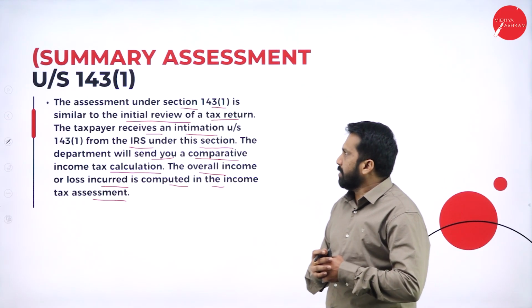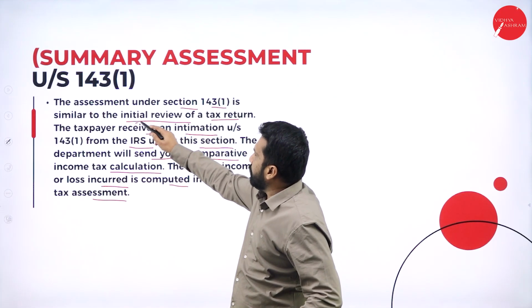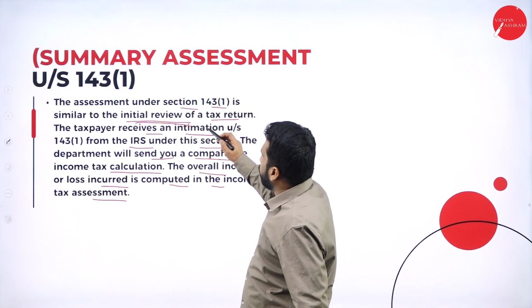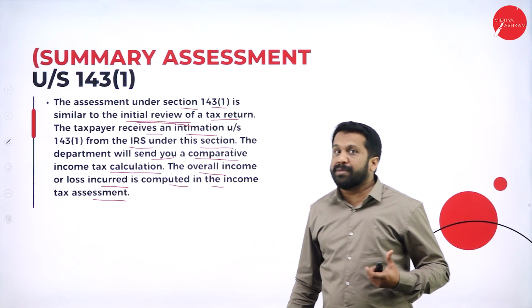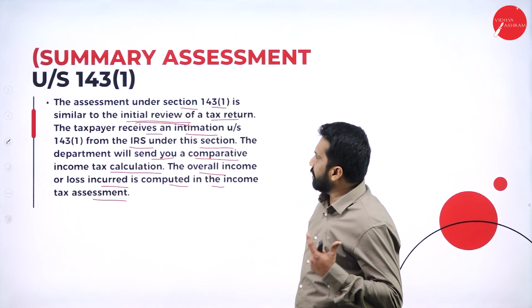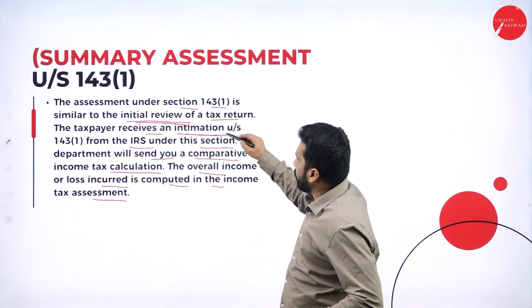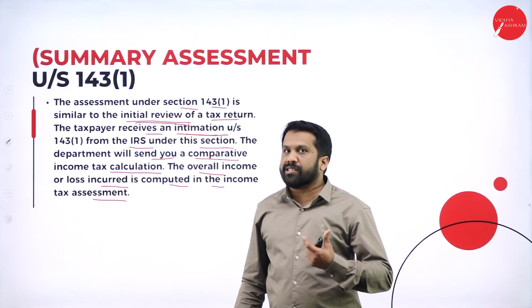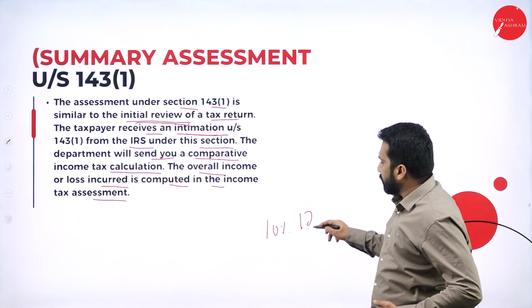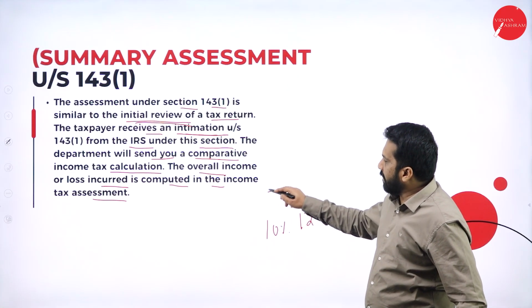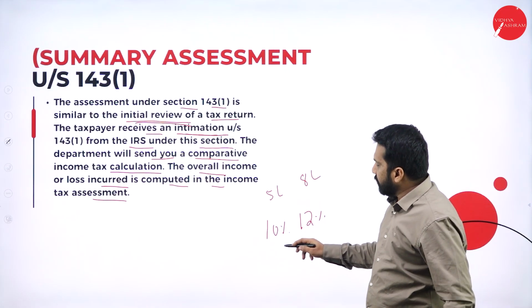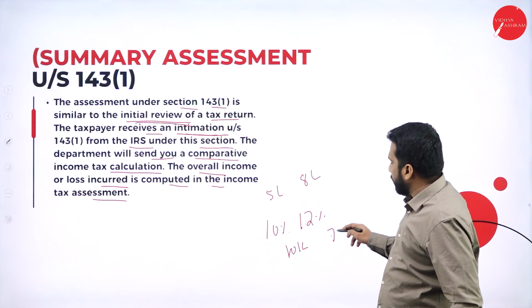What do you mean by summary assessment? It means the initial review will be done by the income tax authority, and if they find that there are some mistakes, your calculation is wrong, then they will send you an intimation. These are the changes you are supposed to make. You have taken 10% tax instead of 12%. You have taken 5 lakh income instead of 8 lakh, and you have claimed TDS of 10,000 instead of 7,000.